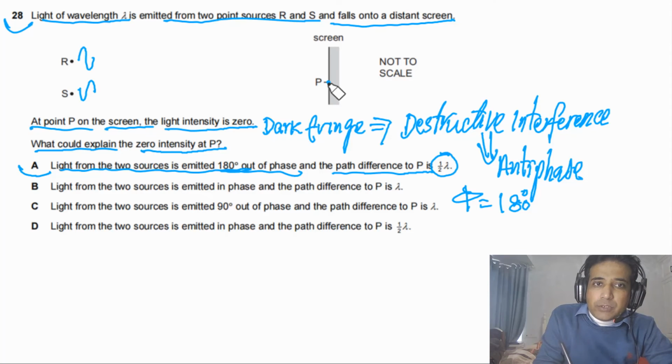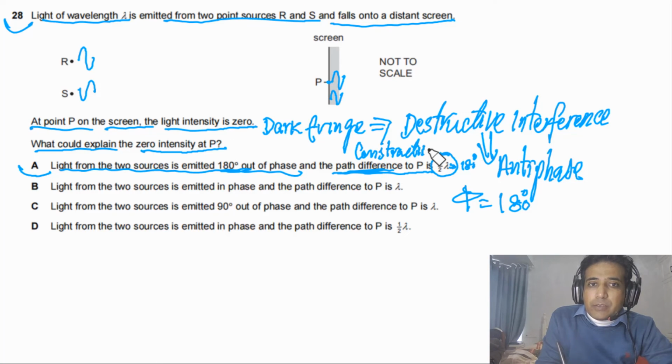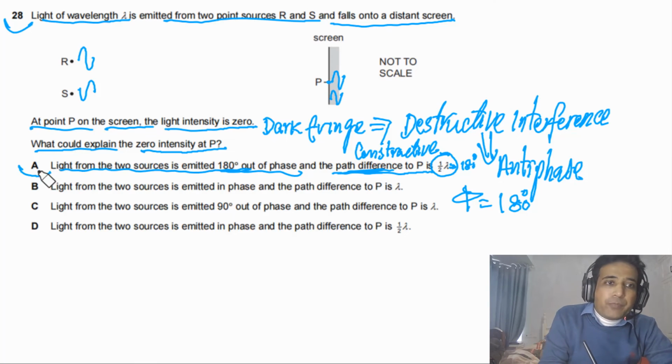But when they reach this point, because the path difference is equal to lambda by 2, it means 180 degrees phase difference. So these two waves will be in phase, so there will be constructive interference. It means intensity will not be equal to 0. So option A is not correct.